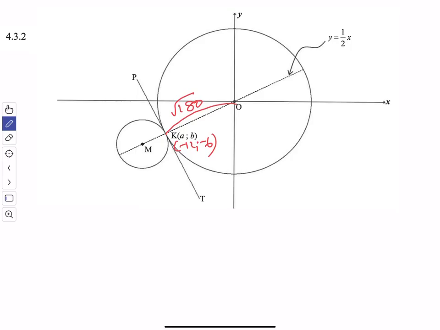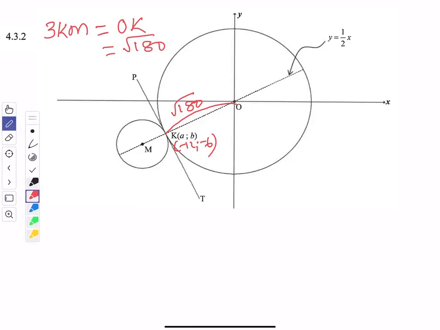3 times KM will be the radius of the bigger circle, which is equal to OK. Therefore, that is equal to square root of 180. So I have 3KM equal to square root of 180.